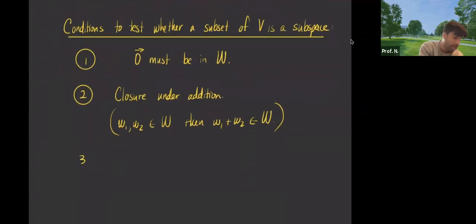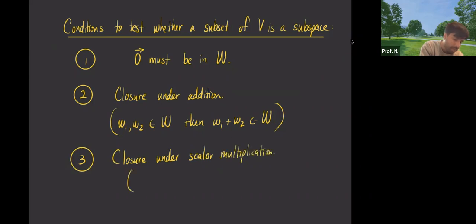And if that holds, then you also have to check closure under scalar multiplication. So if C is a scalar, and again, C meaning a scalar, it means that it is just a real number.